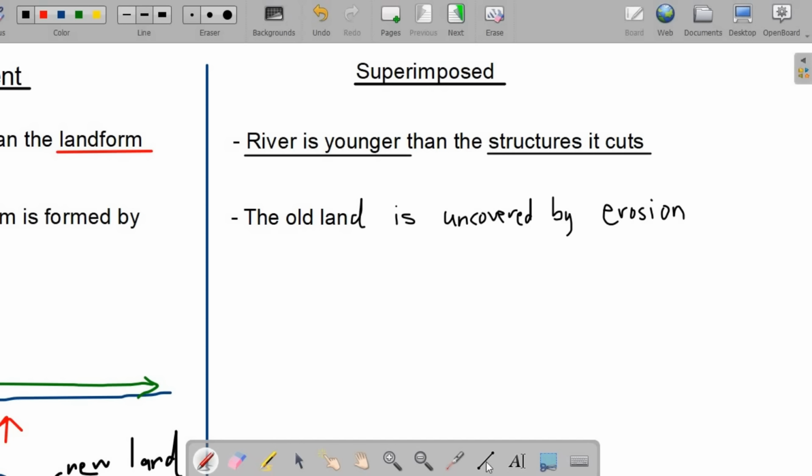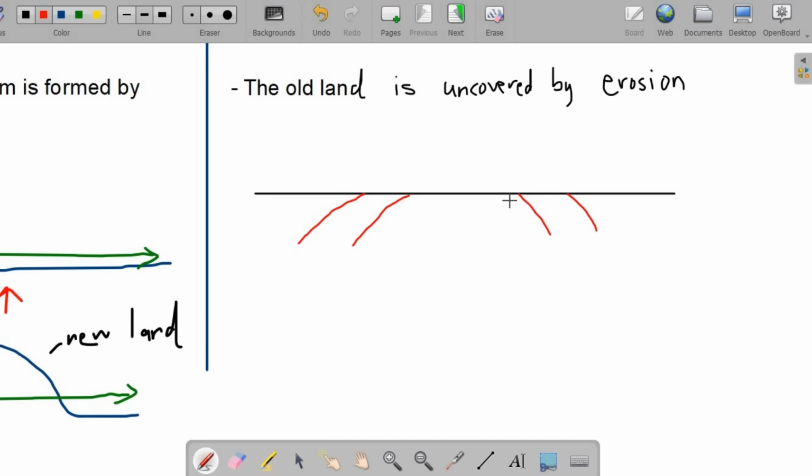Well, let's say this is the land, and let's say underground, these can form a formation. They form layers and layers. So let's say this was the layer over there, something like that. Right, so this is the layer.